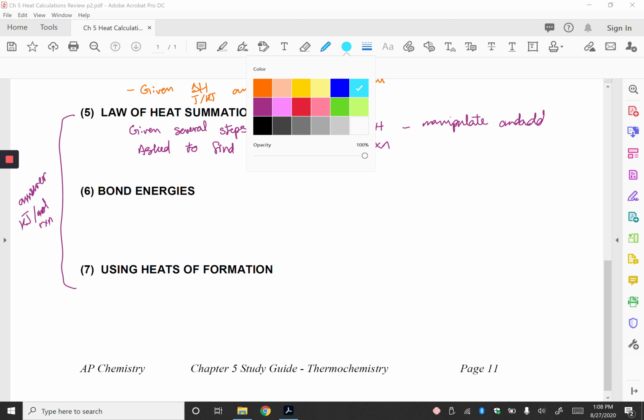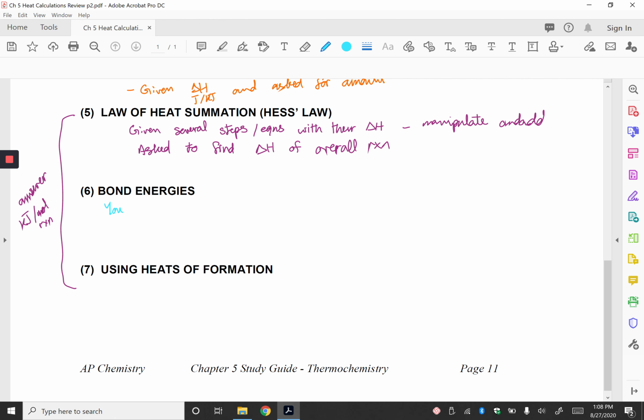Let's see, next one is bond energies, and we're going to look at this in chapter 8. So don't worry about this one for this chapter, but I want you to have this for your semester exam or your final exam or the AP exam. Basically you will be given some bond energies or enthalpies.